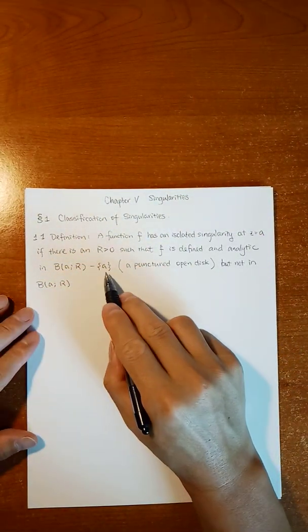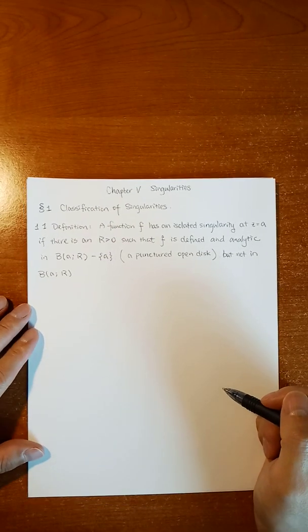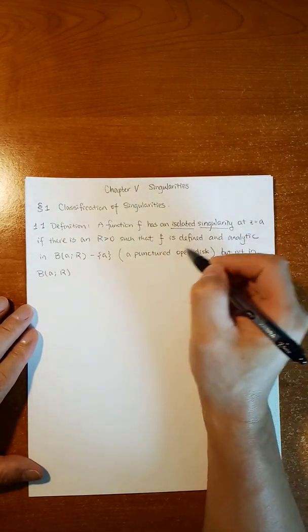Basically, we just say it's not analytic at point a. This is a so-called isolated singularity.